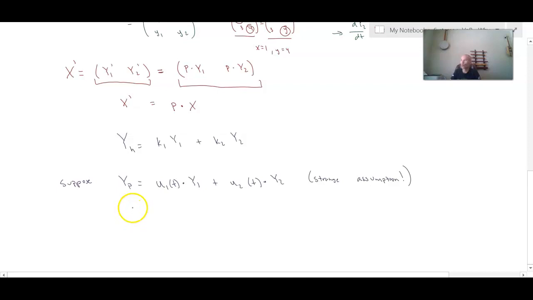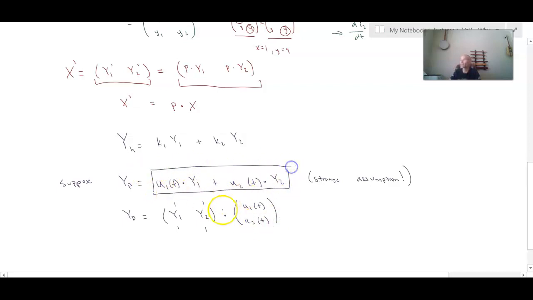So, in other words, if I write this y particular as a vector equation, I'm going to say that this is y1, y2, a matrix with those as its columns, multiplied by the vector that contains u1 of t and u2 of t. So all I'm doing is taking this scalar representation and representing it as a product of two matrices.